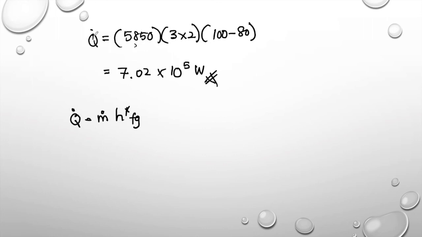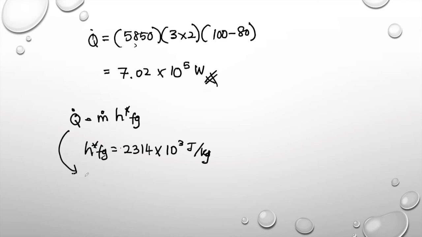So my H star Fg equals 2314 times 10 to the power of 3 joule per kilogram. After I get this H star Fg, I will substitute into this equation.